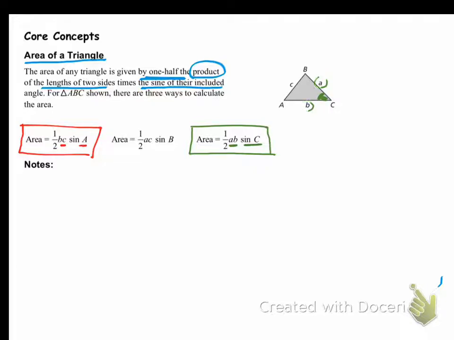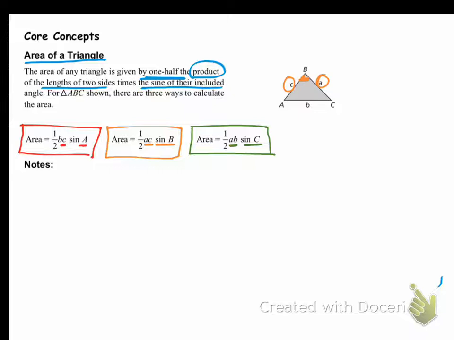And again, if I don't want to take a and b, I want to take a and c, then my angle is going to be this one, angle B, sine B. So that's half of ac sine B.